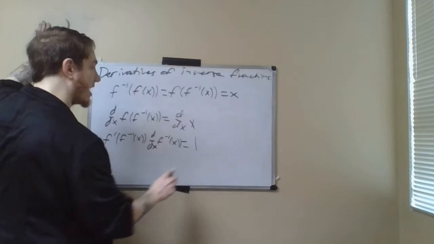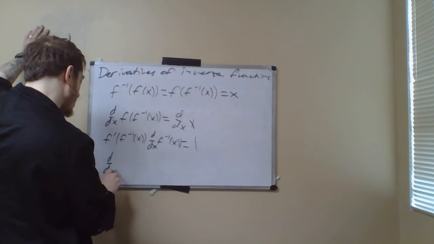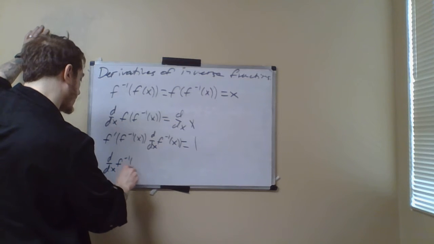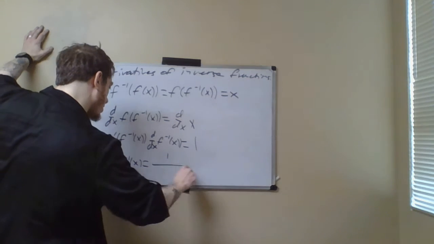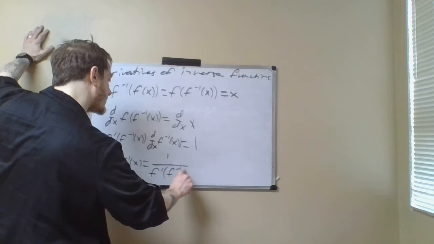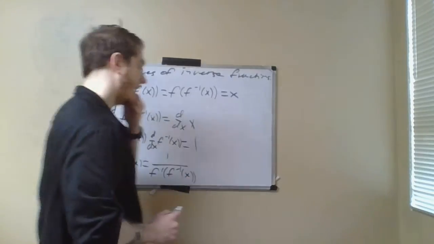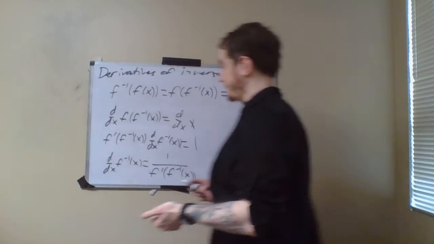And on the right-hand side, we get 1. So what we end up with is that the derivative of f inverse of x, I can solve for it, and I get it is 1 over f prime evaluated at f inverse of x. And there we go. We've got the derivative by using implicit differentiation.